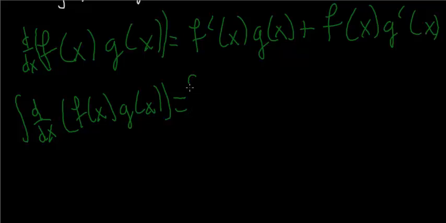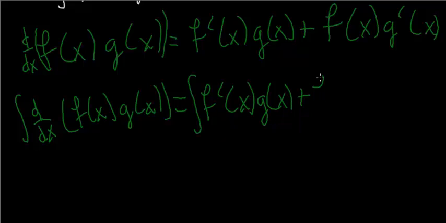And using this, I'm just going to play around with this for a little bit. I'm going to integrate both sides with respect to x. So if I take the integral of the derivative with respect to x of f of x times g of x, that equals the integral of f prime of x times g of x plus f of x times g prime of x times dx. Sorry, there should be a dx here, because we're integrating with respect to x.